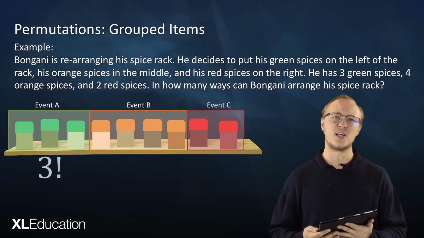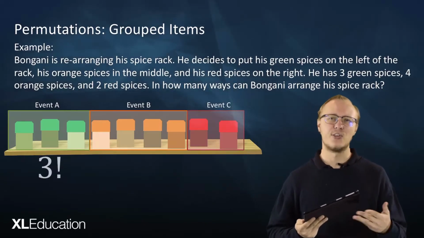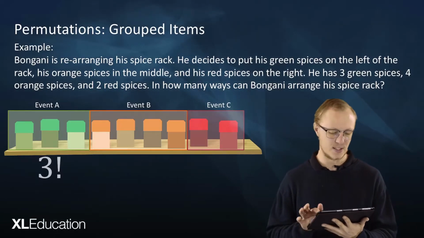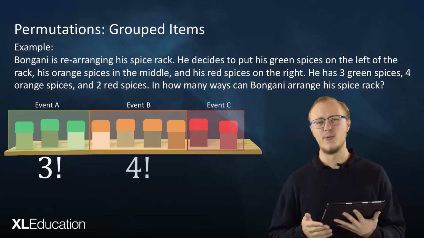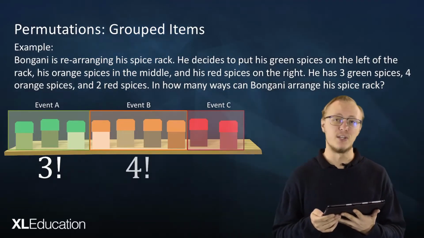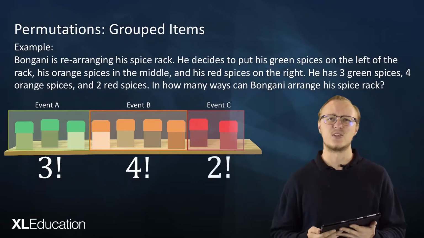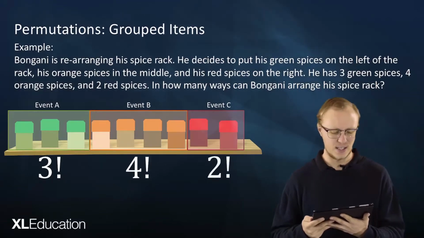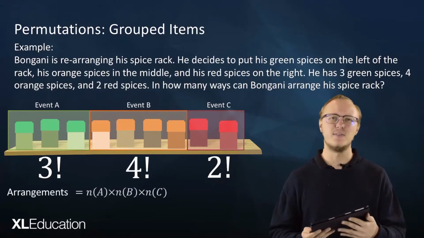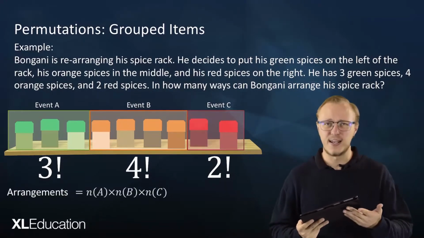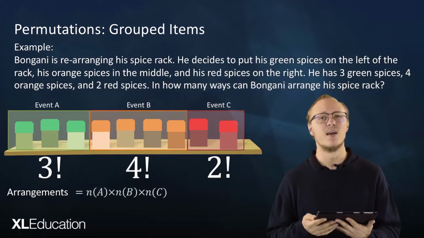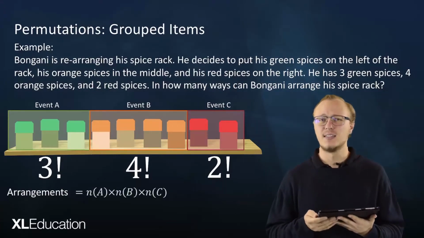So how many ways can we arrange the green spices? 3 factorial, because there's 3 of them and they are all unique objects. For B, it's going to be 4 factorial because there are 4 orange spices and they are each a unique object. And for event C, it's going to be 2 factorial, right? So the total number of arrangements is going to be the number of ways that event A can happen times the number of ways event B can happen times the number of ways event C can happen.